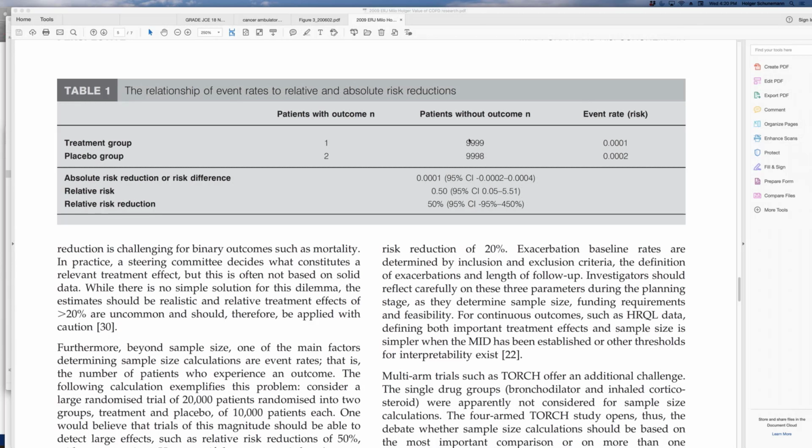Yeah. No, Holger is going to illustrate beautifully. I can already see with what's on the screen. I think this is addressing the issue. Let's just assume that your meta-analysis in the treatment group has 10,000 individuals. The placebo comparison group has 10,000 individuals, but you have very, very few events, say 1 and 2, for various reasons.